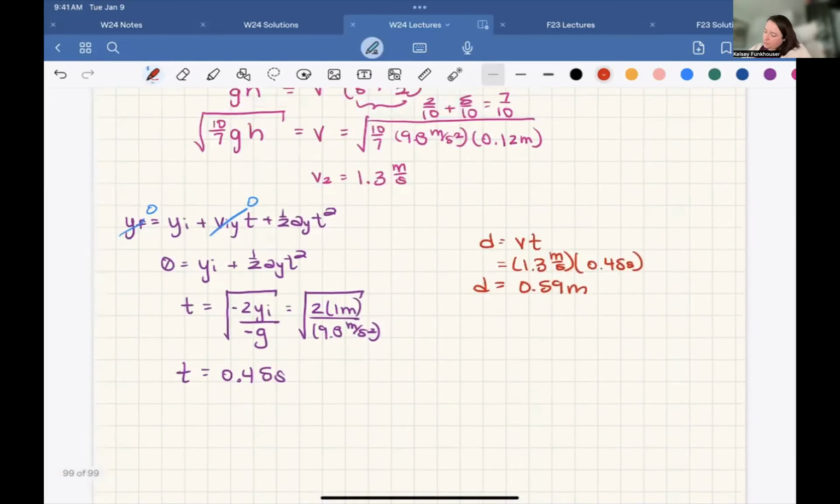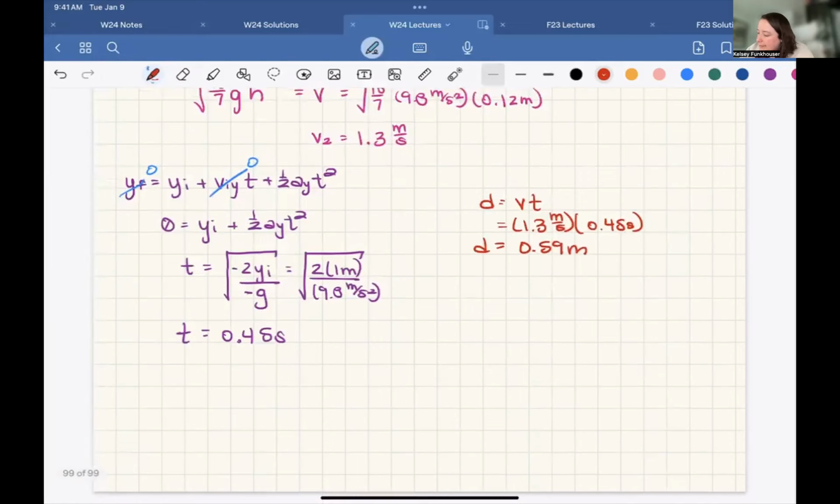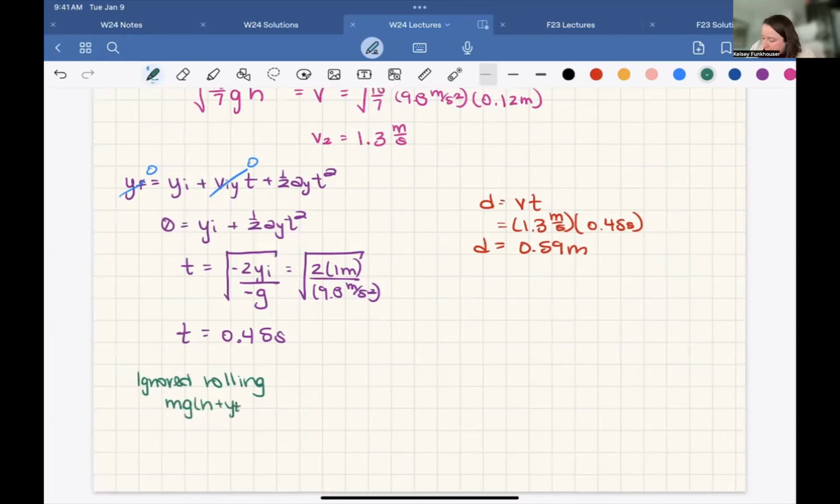So I also want to quickly show you something. If we had ignored that it was rolling, our energy would look like mgh plus yt still, and then mg yt, but then the kinetic energy would just be 1/2 mv squared.